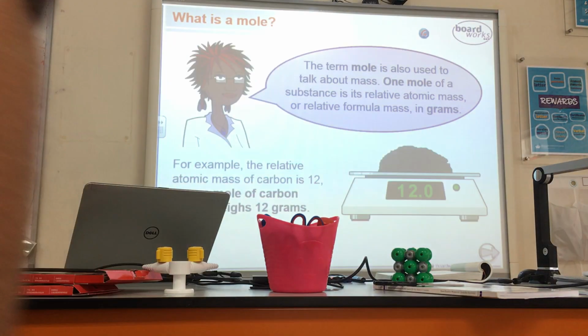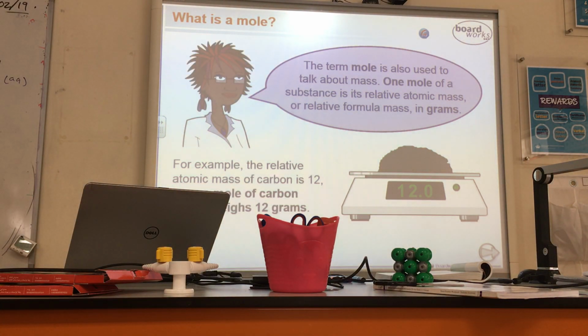Now, here's where chemistry gets really cool. Here's H2O. Let's stick to H2O. It looks like this: oxygen and hydrogen joined together.